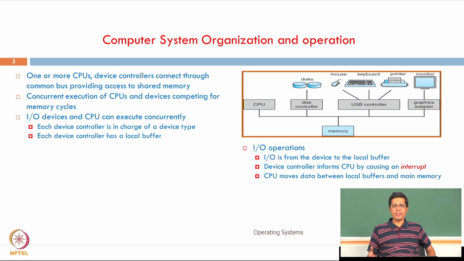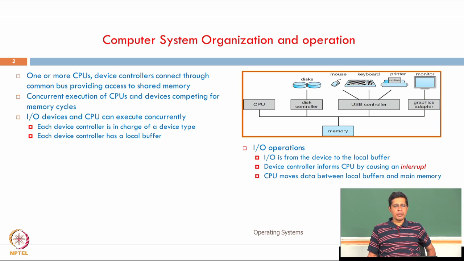So, for the disk we have disk controller, similarly for the monitor we have a graphics controller or graphics adapter, and for the mouse, other IO devices we also have this USB controller. So, the CPU can communicate to the peripherals through the corresponding controllers, and note that these controllers are basically hardware, they sit between the bus and the peripheral.